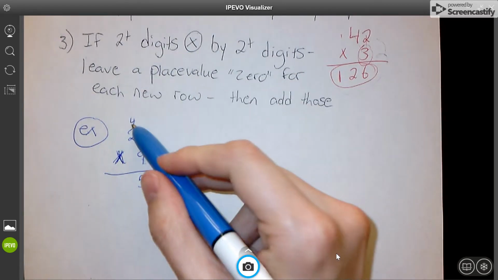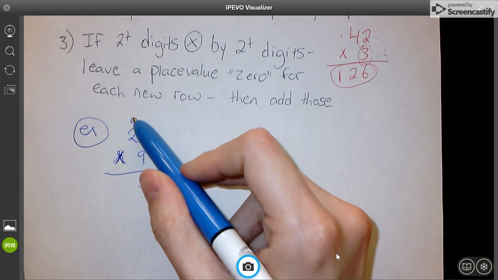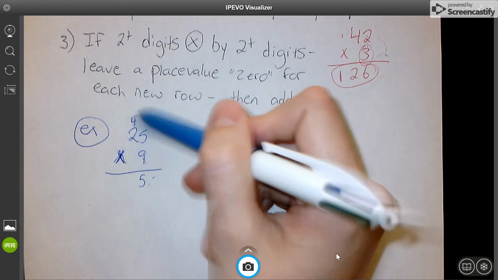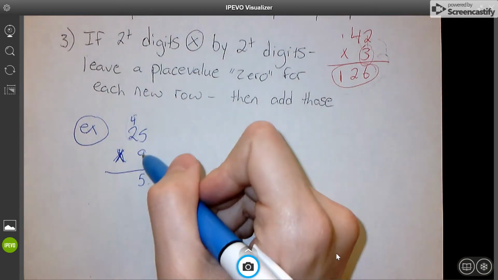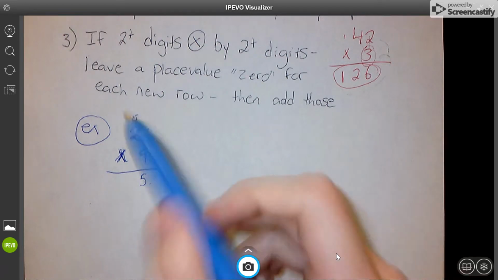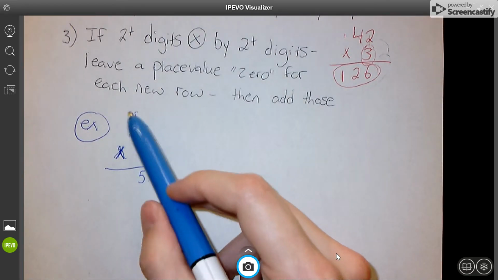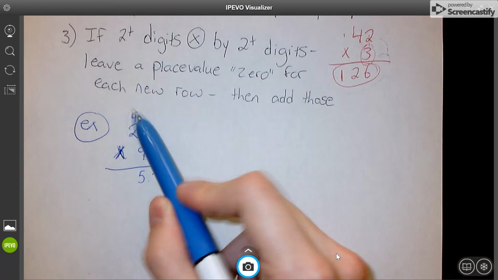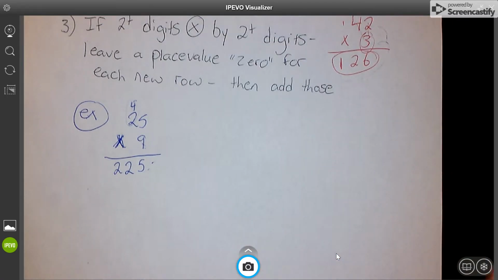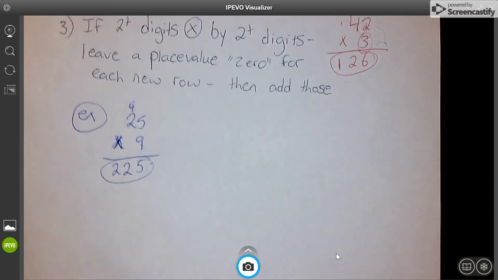Okay, again, 45. So you're reading it this way. The 4 is in the 10s spot, so you must go above the 10s. Then 9 times 2 is 18, but I've carried a 4, so 18, 19, 20, 21, 22. Okay, 225 is your answer.